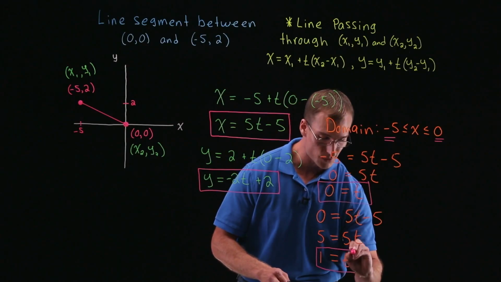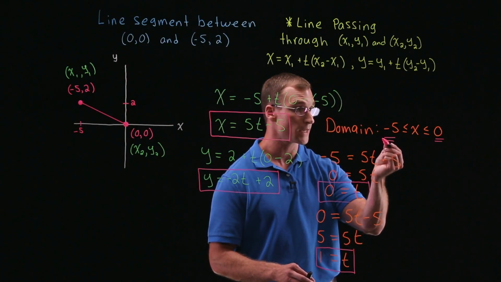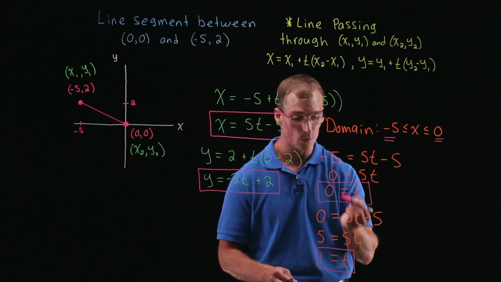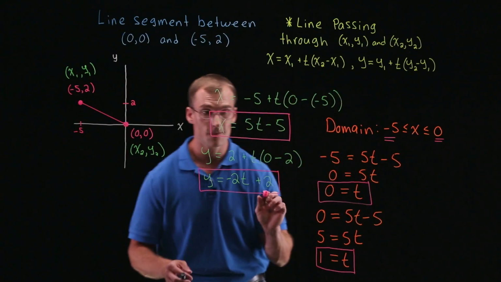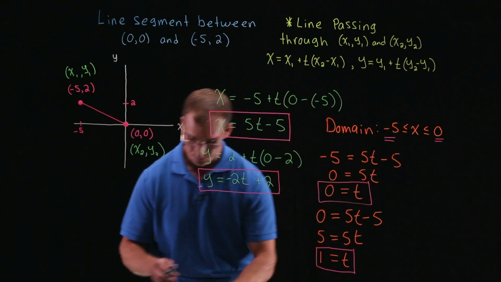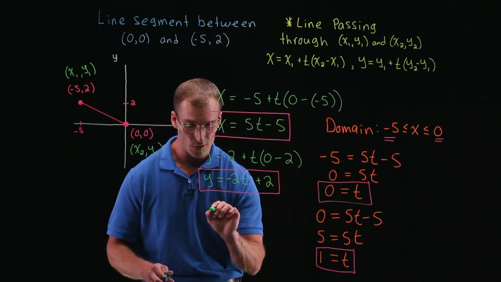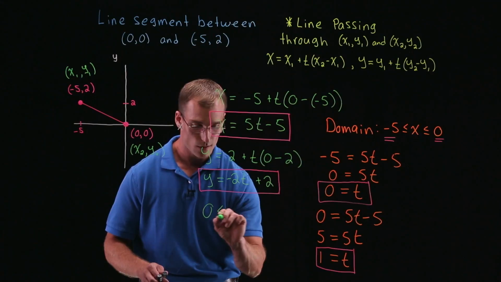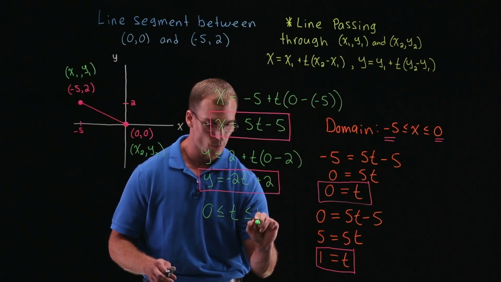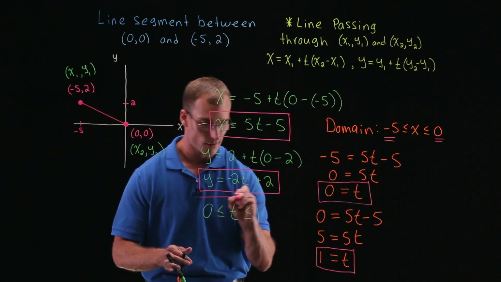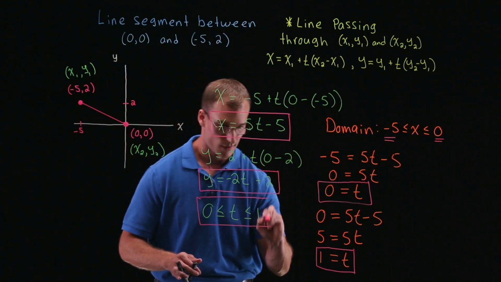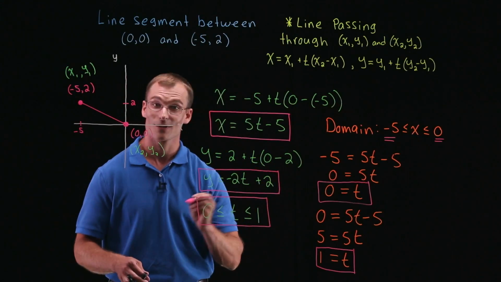So what that translates to is for x being between negative 5 and 0, t is going to be between 0 and 1. So finishing it out, we have the 2 parametric equations, but the restriction on t is that t will be between 0 and 1. And that completes it. Thank you very much.